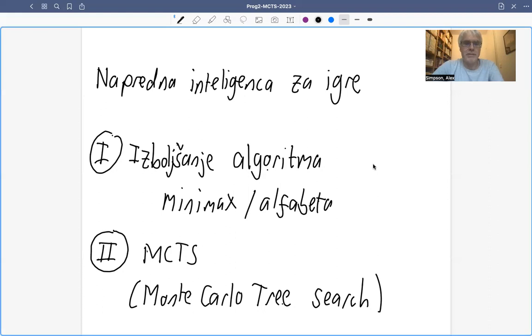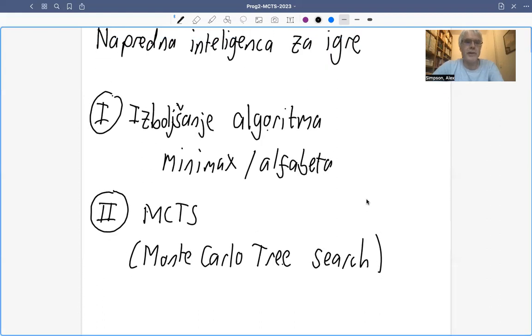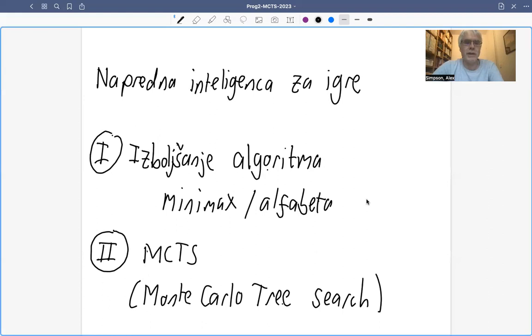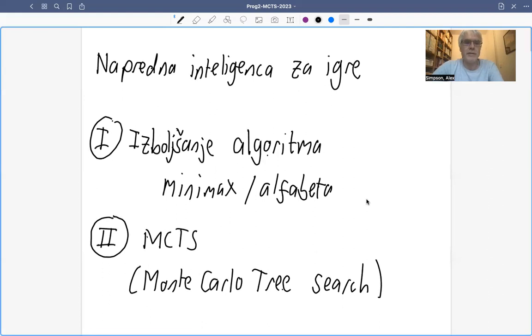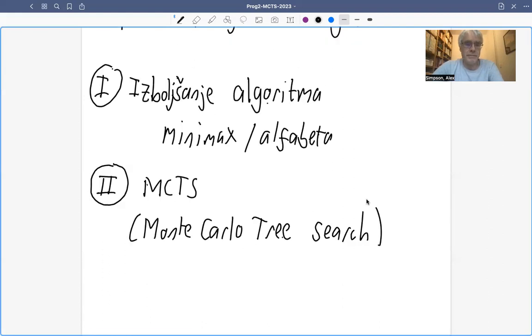And then the second half, I'm going to introduce a wholly different approach to game playing intelligence, which is an algorithm known as Monte Carlo Tree Search, which is a very powerful and general algorithm for artificial intelligence for game playing programs. Okay, well, we'll start with the first part of improving minimax and alpha beta algorithms.